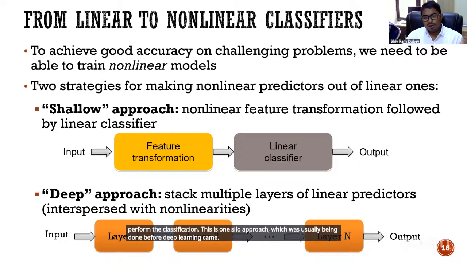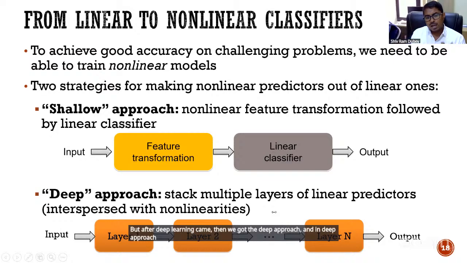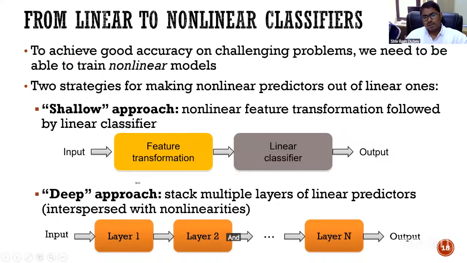But after deep learning came, we got the deep approach. In the deep approach, we have a stack of multiple layers of these linear predictors, but they are separated by non-linearities. These are non-linear functions, which are also called activation functions in deep learning terms.